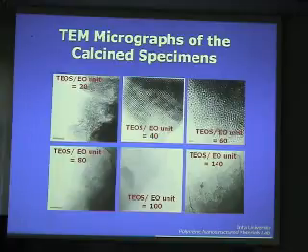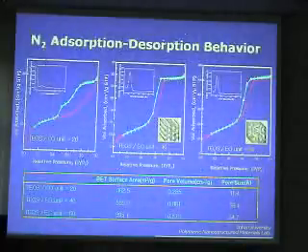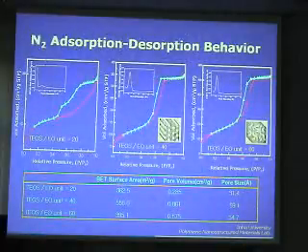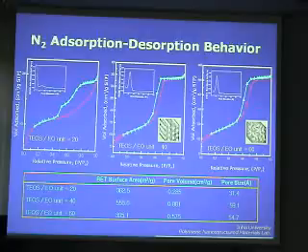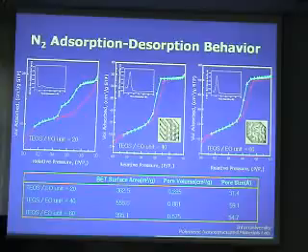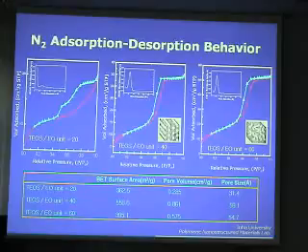And we take this material to BET analysis, and this data shows the nitrogen adsorption and desorption isotherm. The left figure shows the BET data for the material with the TEOS and EO unit ratio equal to 20.